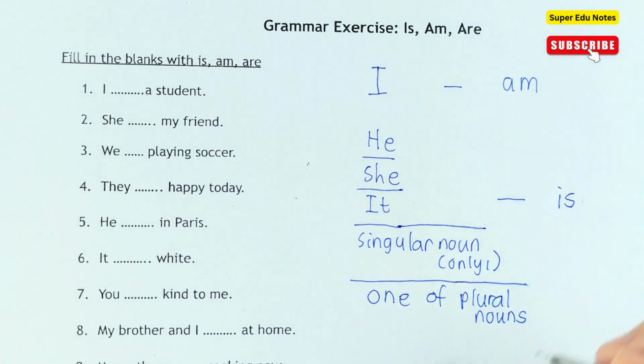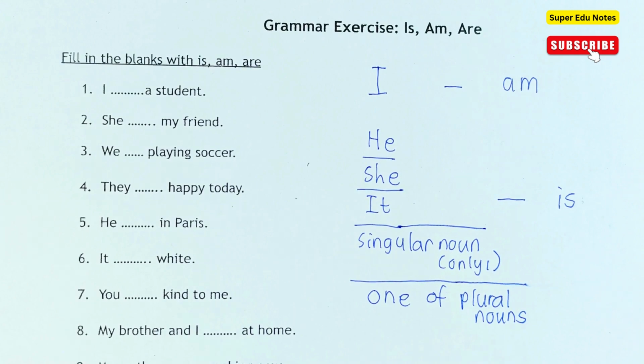is. And for subjects like we, you, they, plural nouns, nouns that are more than one, and then blah blah blah and I, blah blah blah.